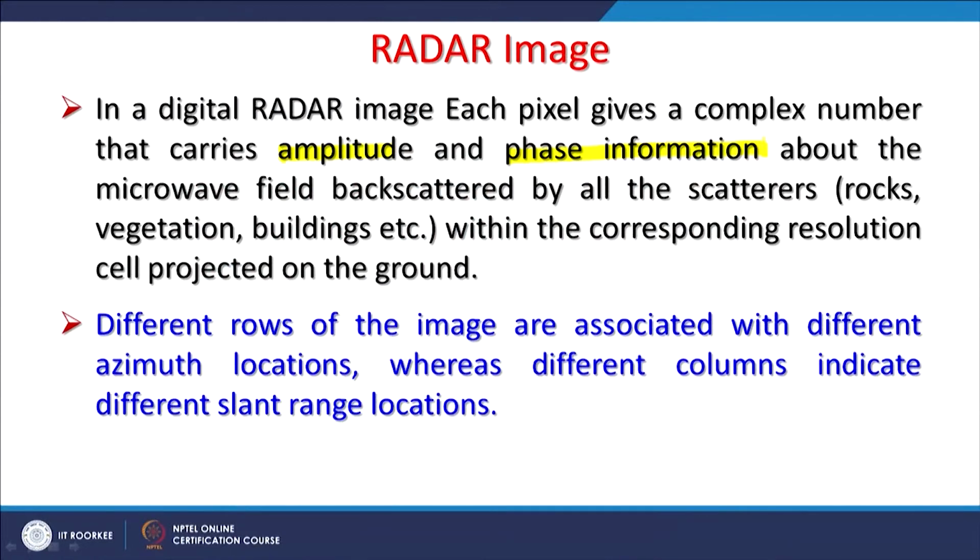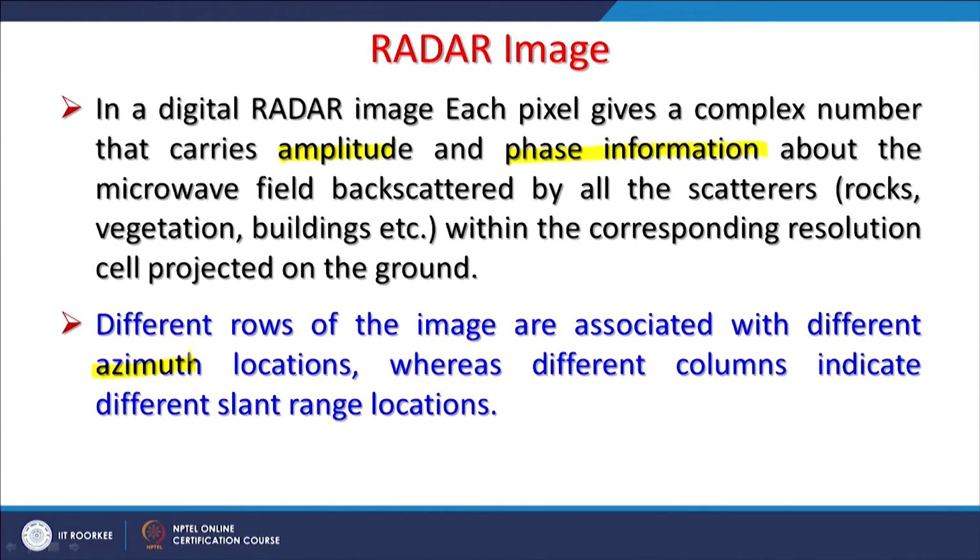And the different rows in the image are associated with different azimuth locations, because when you go through the microwave images, they represent different locations in terms of signals and direction basically.